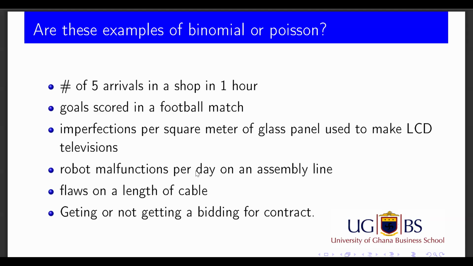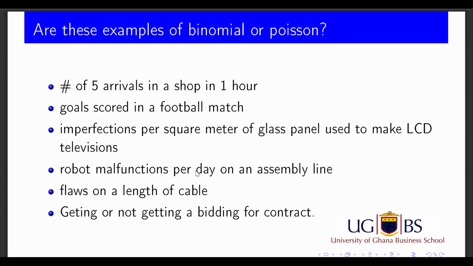The event, or the flaws, can occur over a certain length. So it's not multiple flaws on a cable length, but who can tell why this is Poisson? Because the length has a range. Yes, because there's a range, there's a gap, there's an interval for the cable.